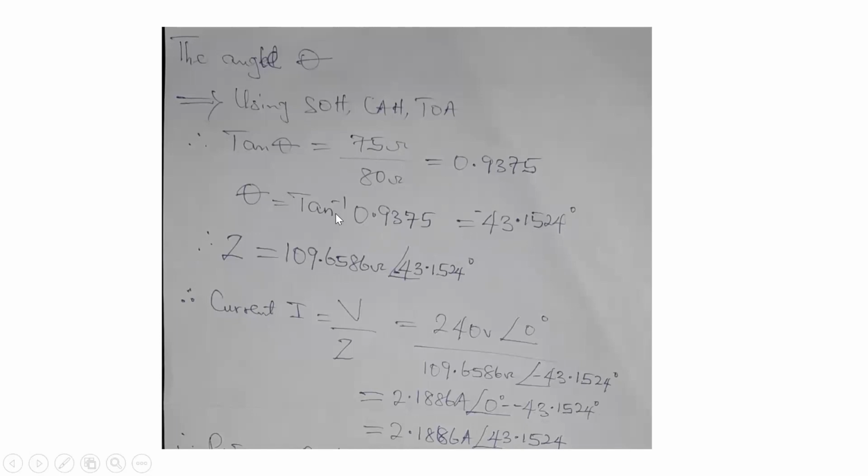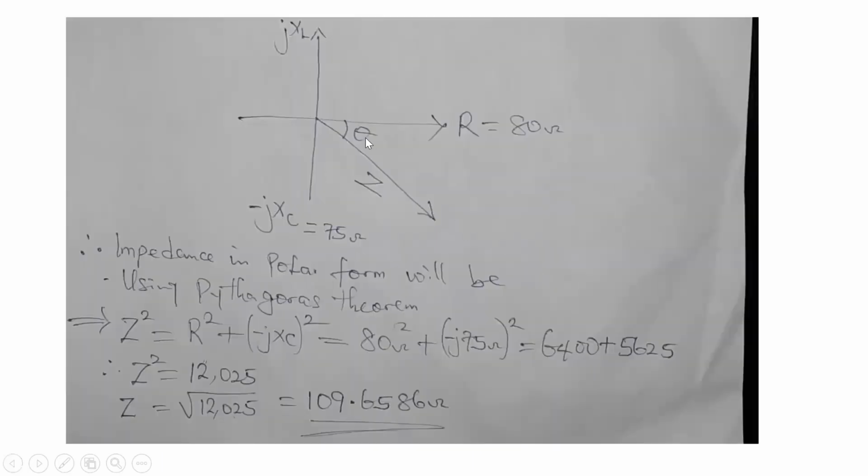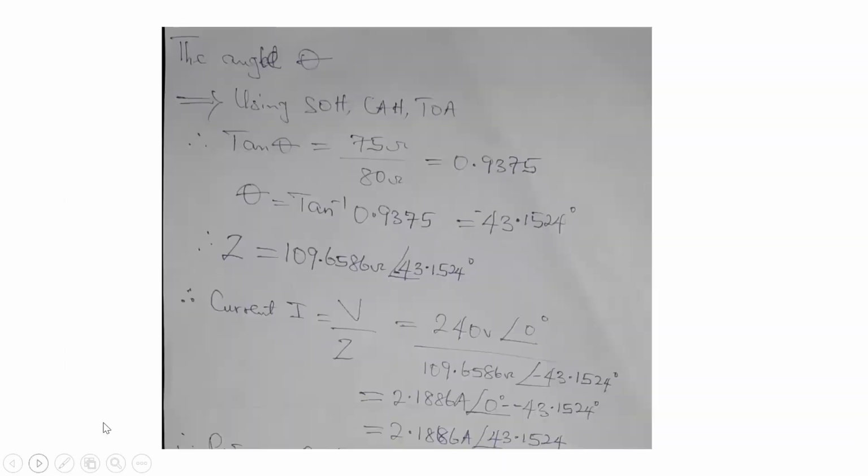Theta is equal to tan inverse of 0.9375, and we are having 43.1524. But because this angle is at this negative side of the Cartesian plane, the angle will be negative. We put minus in front of the angle when you have found it.